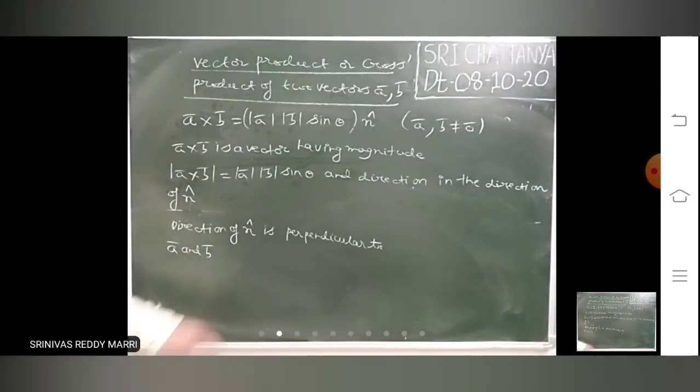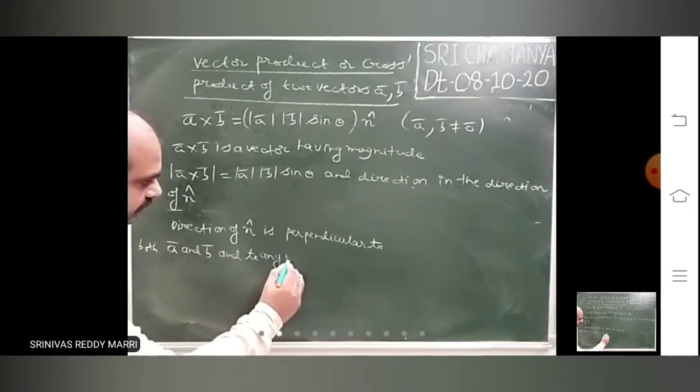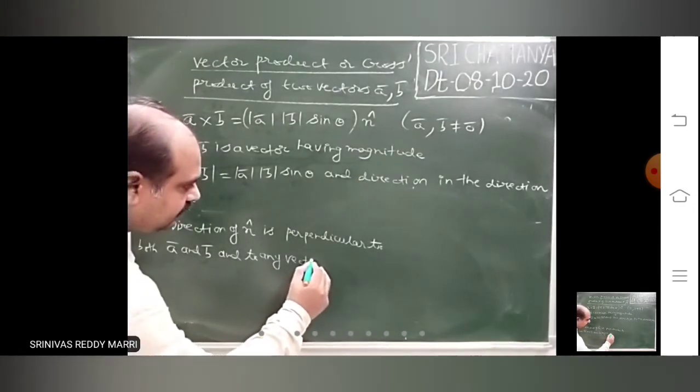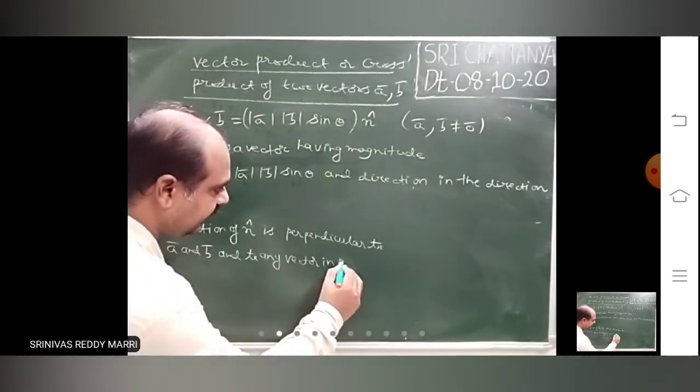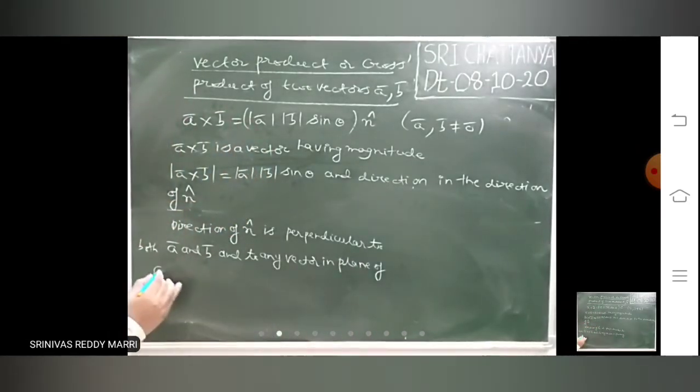Direction of n cap here, how n cap direction will be, is perpendicular to both A bar and B bar, and to any vector in the plane of A bar and B bar.